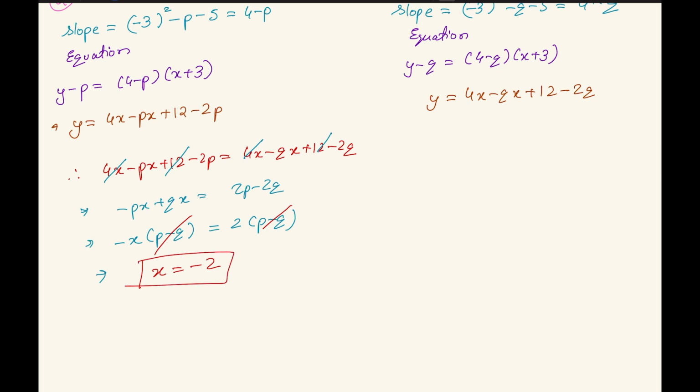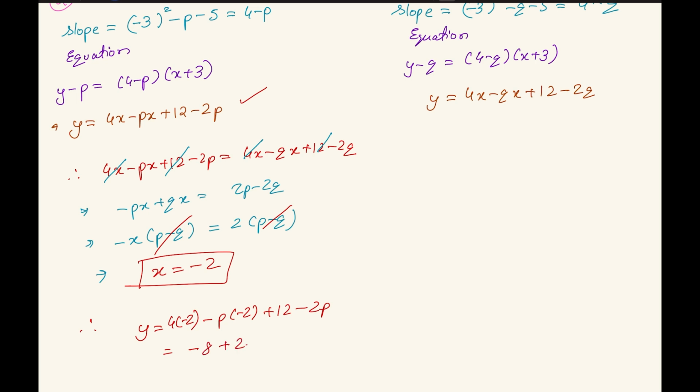That's the x coordinate. Now I'll plug in the x coordinate in any one of the equations. y equals 4x minus p times negative 2 plus 12 minus 2p. So, okay, x is negative 2, right? So I can place it here also.